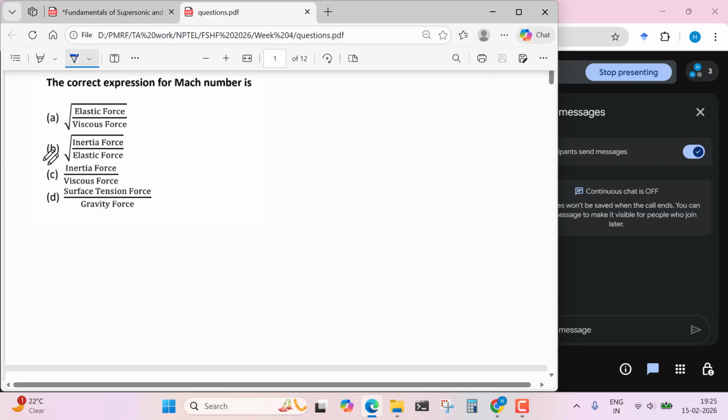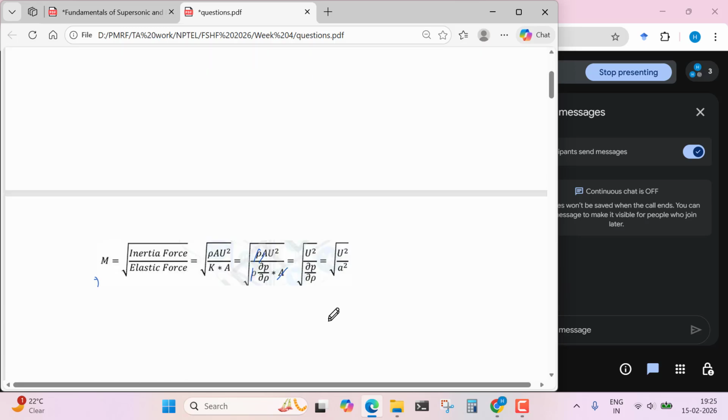Square root of inertial force upon elastic force. So Mach number is given by square root of inertial force upon elastic force, where inertial force is rho A u square, and elastic force is K into A. K is the bulk modulus, which is given by rho dou p upon dou rho.